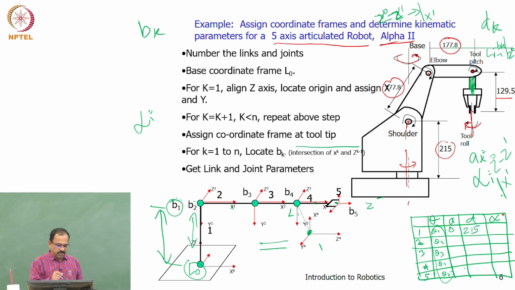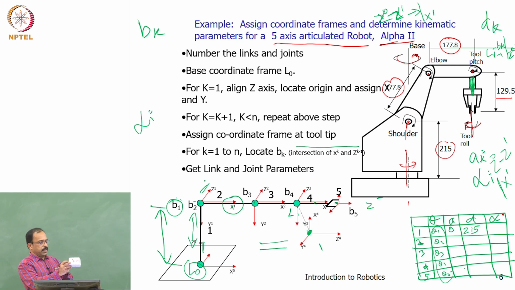Now you look at this, this is X1, and this is Z0 and this is Z1. So you have an x-axis like this, and this is the Z1.